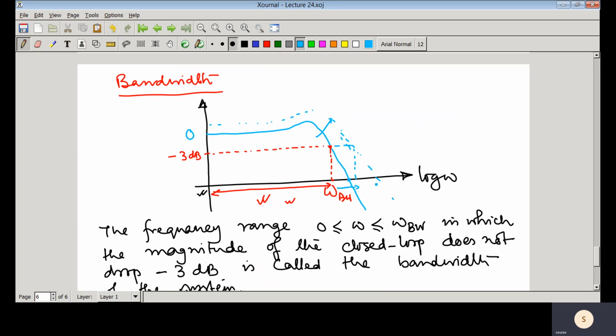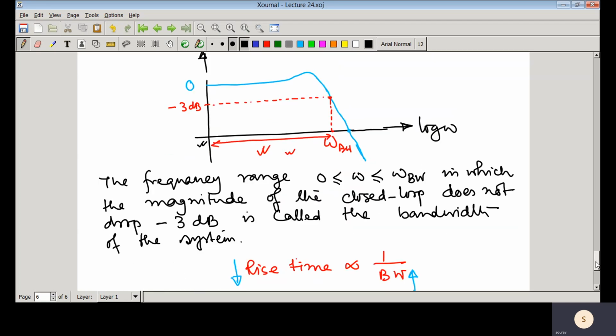So if we increase the gain of the loop transfer function, then the bandwidth will be increased, and the system would be fast. But again, if we make the system fast, there would be a problem: its phase margin would be reduced. So whenever you are designing a system, you need to take care of all of those things, and you need a good trade-off between those quantities.